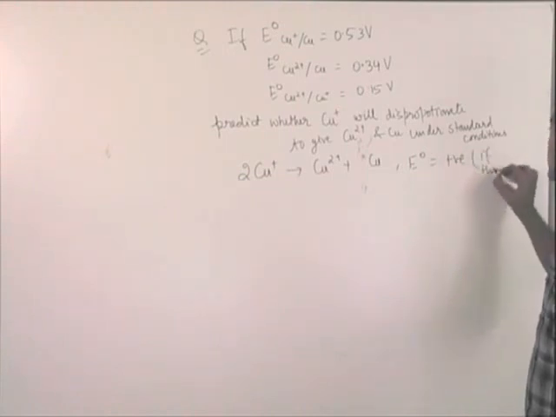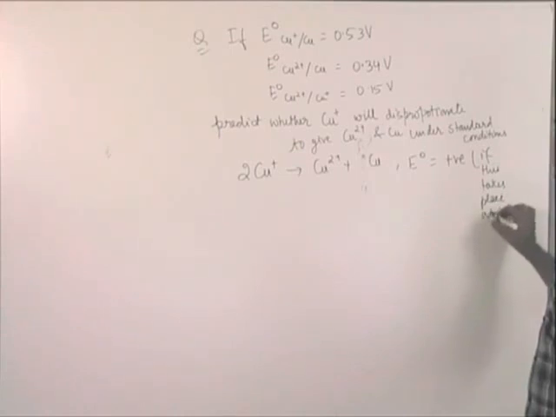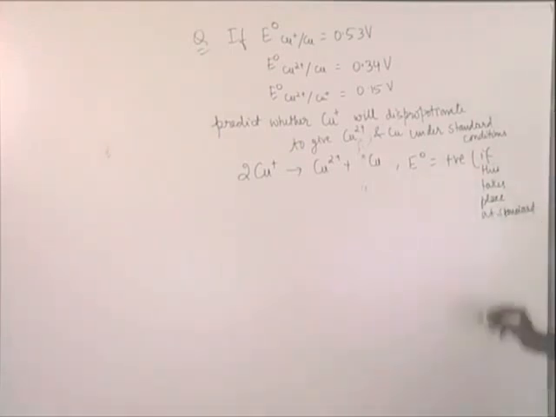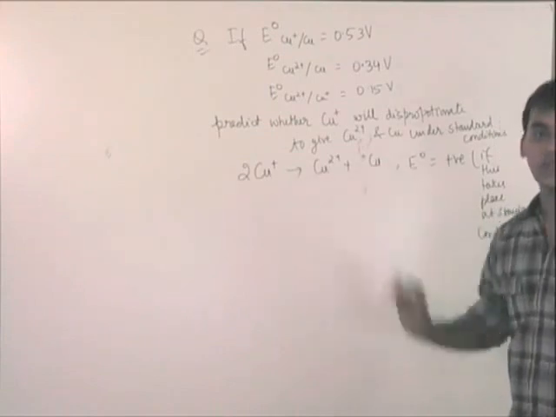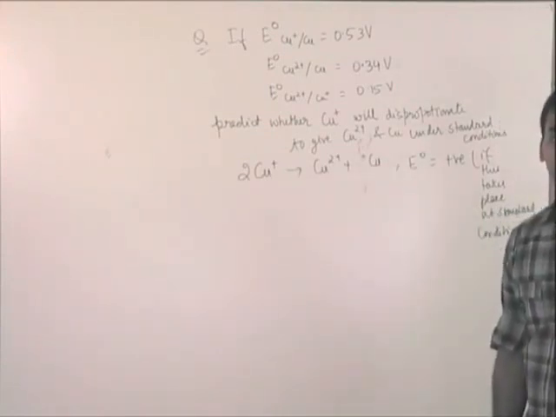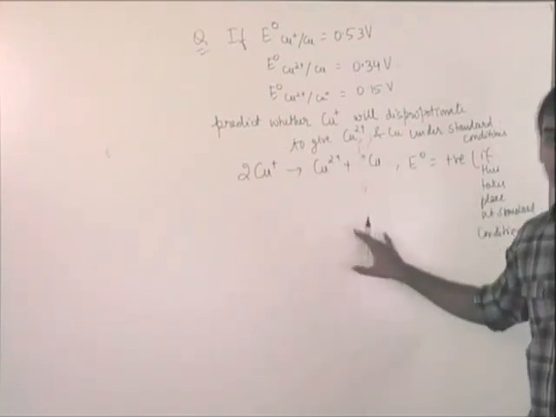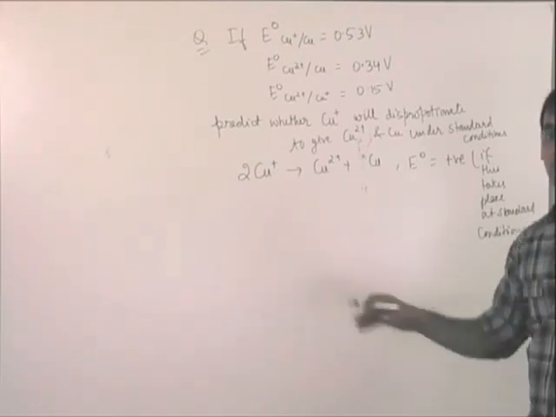So my job is to find whether E0 for this reaction is positive or not. Can I do it? Or are you trying it once? Trying. Okay, try it once.